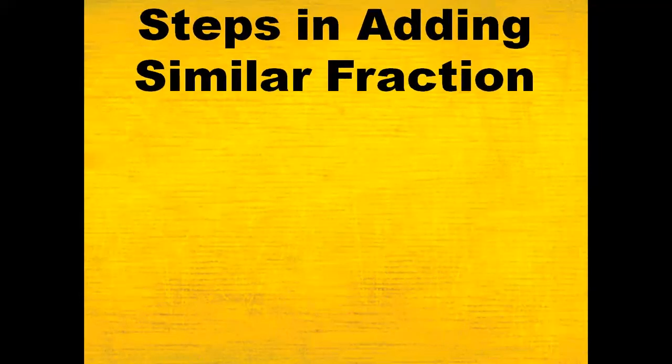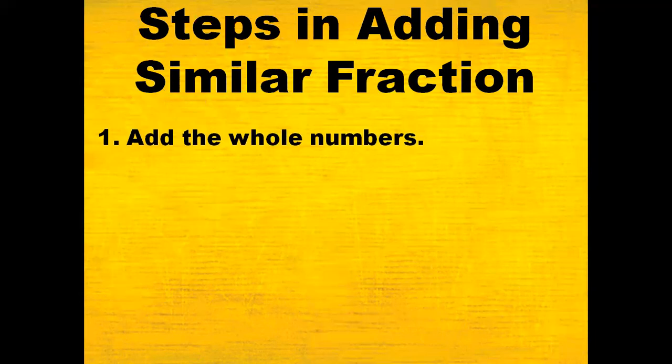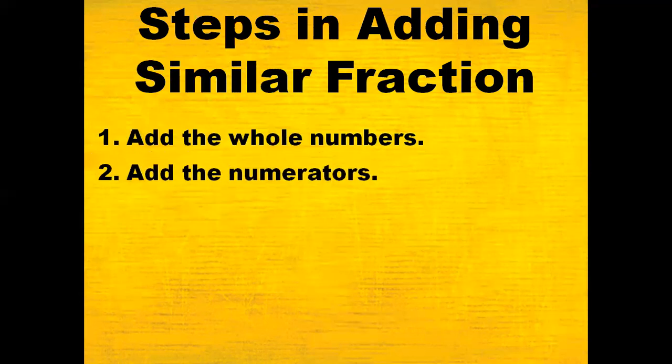But before that, let us first review the steps in adding similar fractions. Step number 1. Add the whole numbers. If the given fraction is a mixed number, we have to add the whole numbers first. Step number 2.